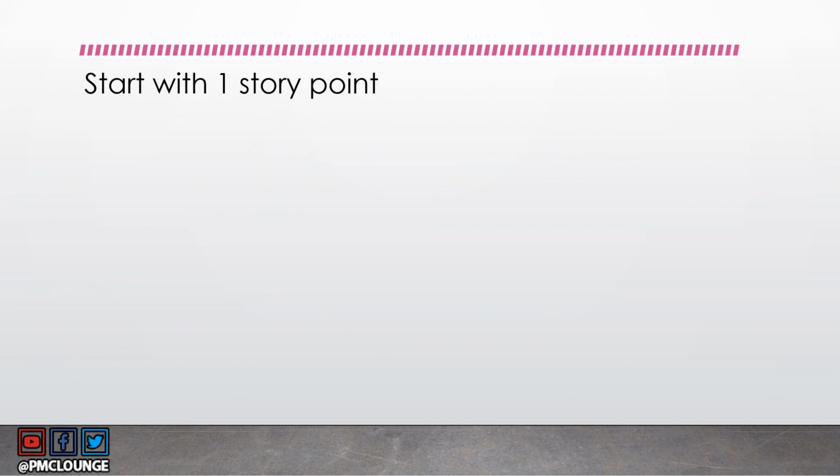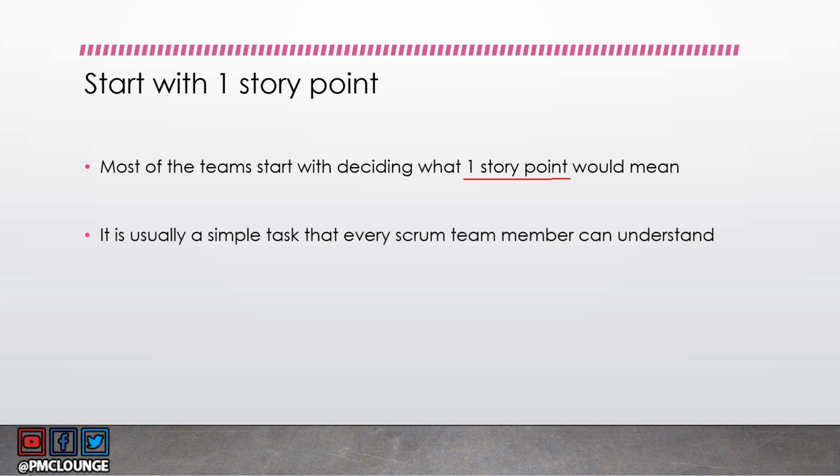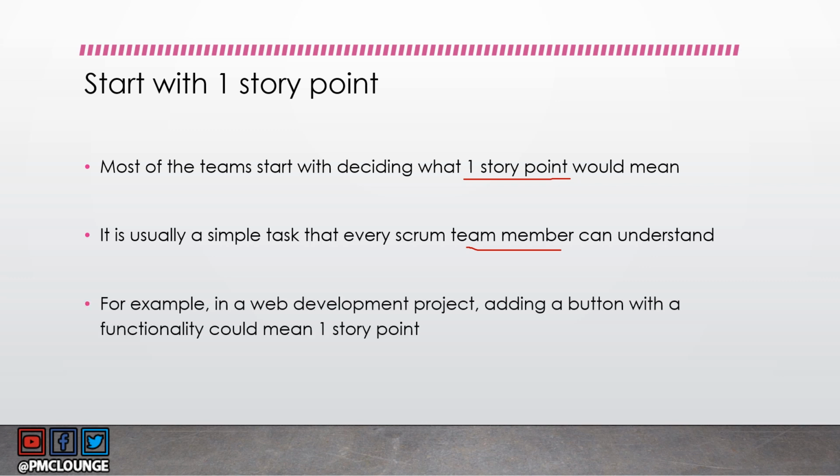Now, what you basically do here is you start with one story point. Most teams are going to decide what one story point really means. So let's take an example, right? It can be something very simple, so simple that every single Scrum team member should be able to understand. So if you're creating, let's say, a web application or a website, you will say that adding a button with some functionality means one story point.